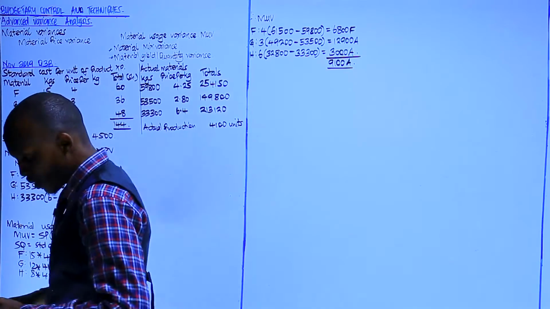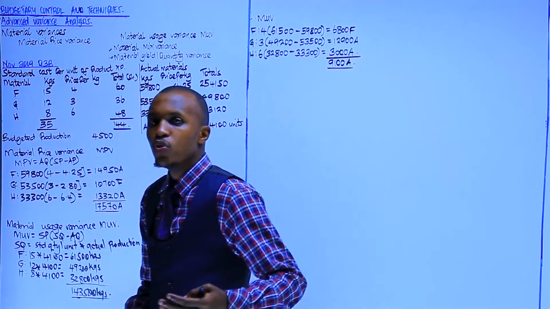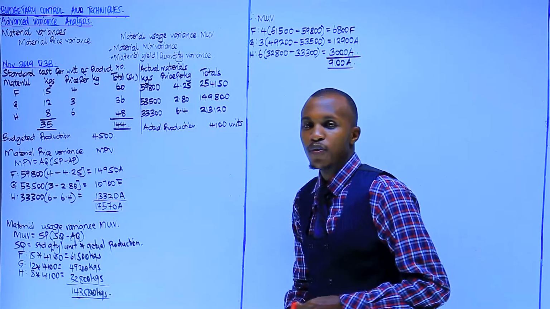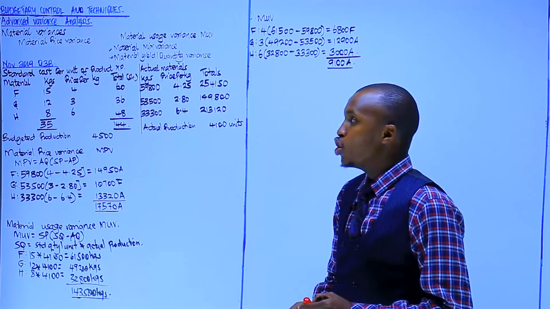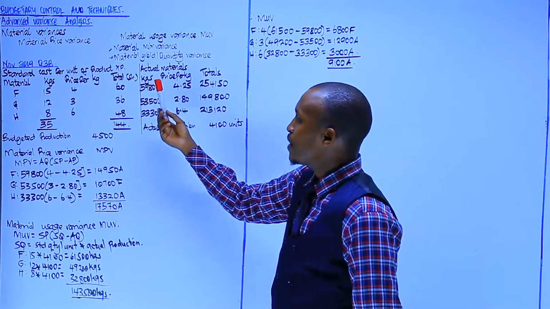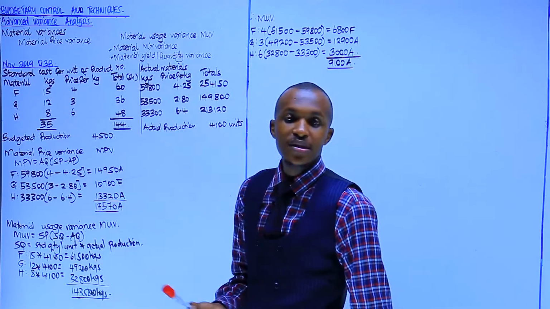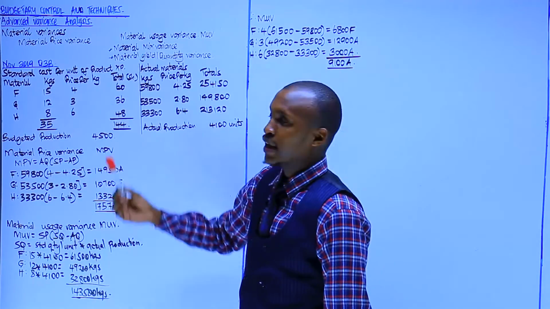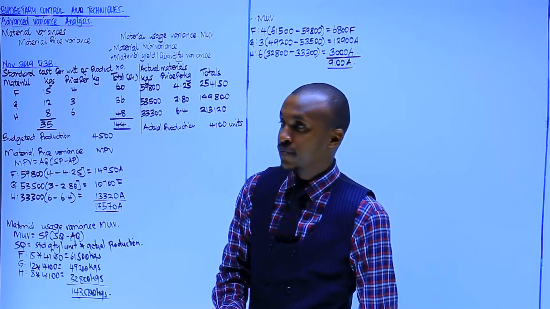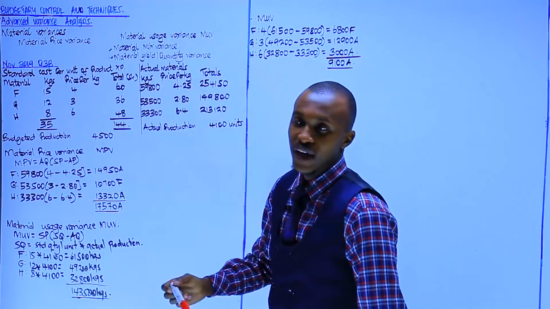But now we've said where you have more than one type of quantity you are using, you can further calculate your mix variance and your yield variance to get your usage variance.